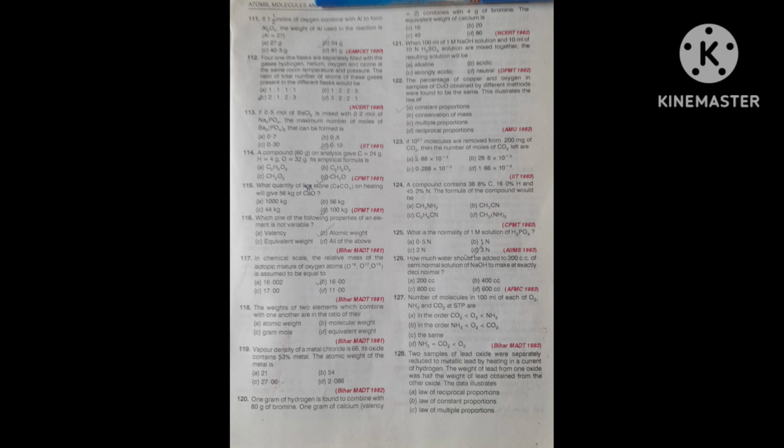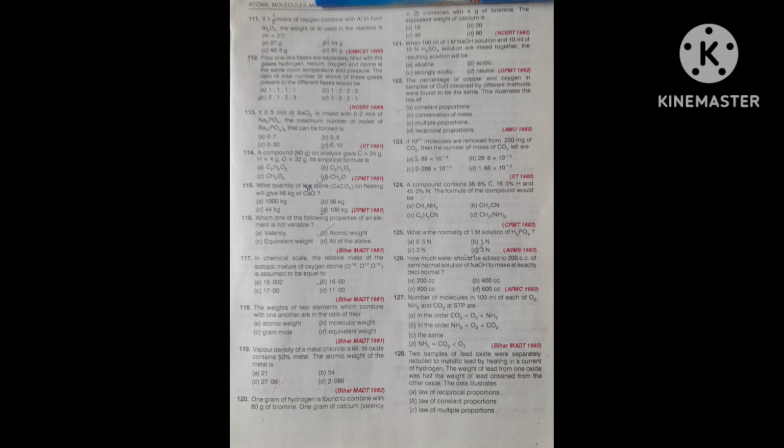M is equal to N in this case, because in NaOH only one OH is there. Molecular weight divided by number of OH, here only one is there. Hence M is equal to N. 100 ml 1M NaOH means 100 ml 1N NaOH.